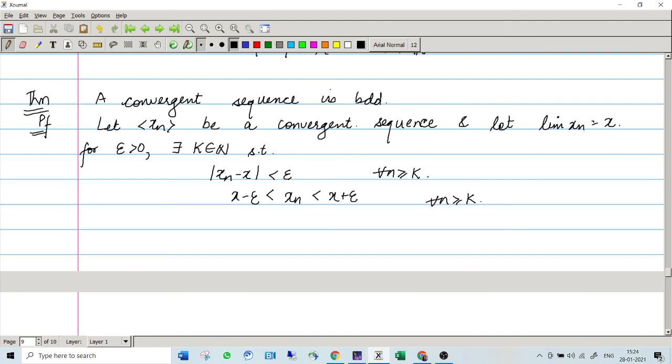The distance is getting smaller than that small number means the distance is even smaller, right?